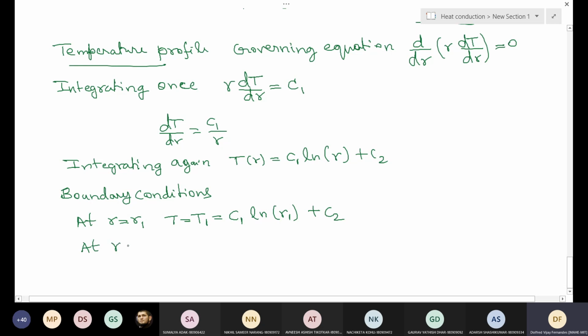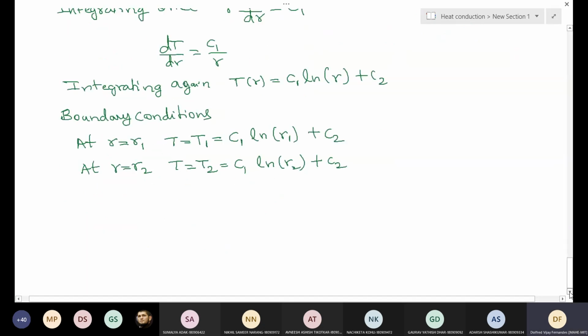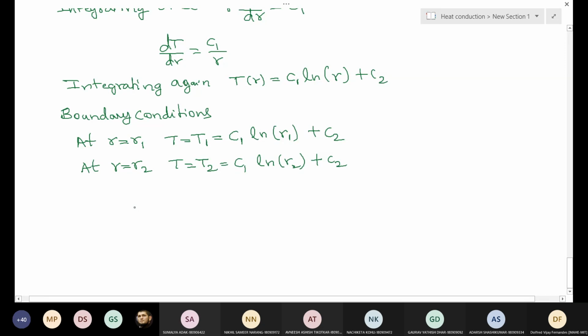Similarly, the other boundary condition: at r equal to R2, the outer radius, temperature is T2, so C1 ln R2 plus C2. Solve for C1 first and tell me what you get. C1 equals T2 minus T1 divided by ln (R2 by R1). Good.